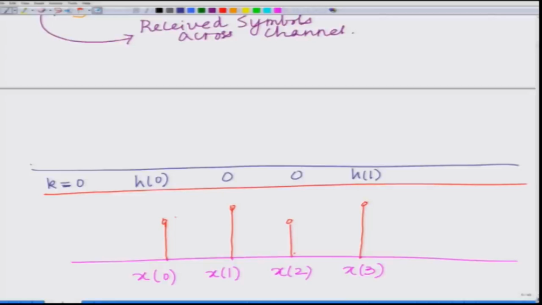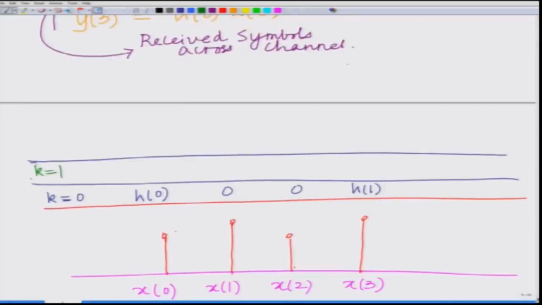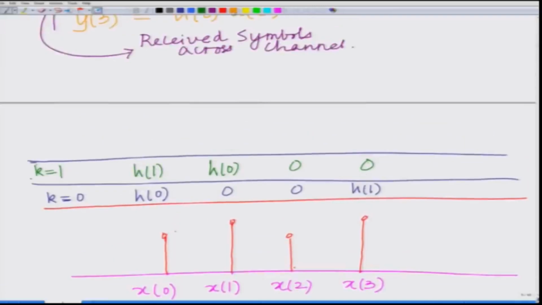That is the effect of the channel on the symbols. Now, let us again look at time k equal to 1. At time k equal to 1, I have h0 times x1 plus h1 times x0 plus 0 times x2 plus 0 times x3. I can also include x2, x3 by simply putting zeros, correct.